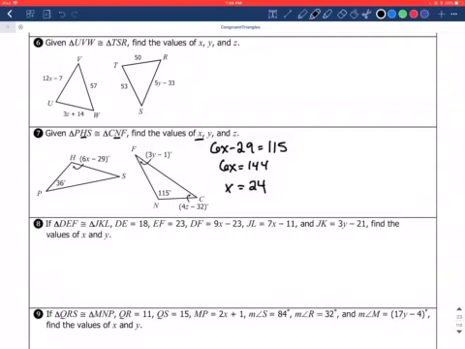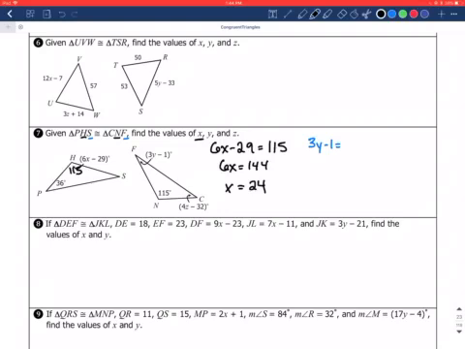All they're trying to do is find X so we don't have to plug it back in. For Y, we have F, which is 3y minus 1, and F is congruent to S, but we don't know S just yet. So let's take 115. We know that H is 115.